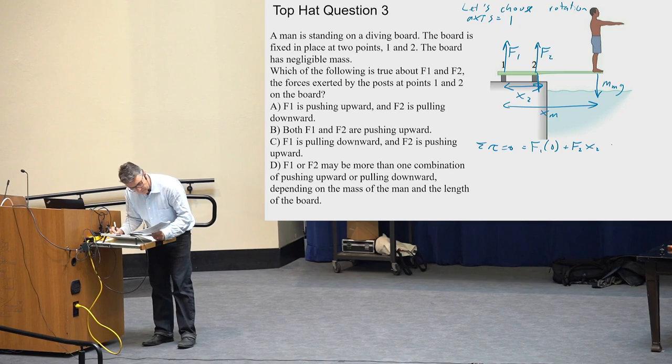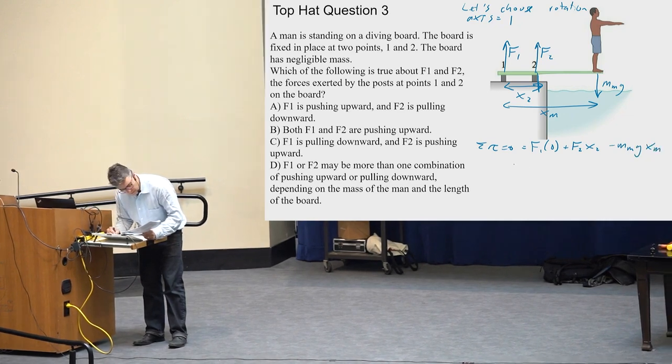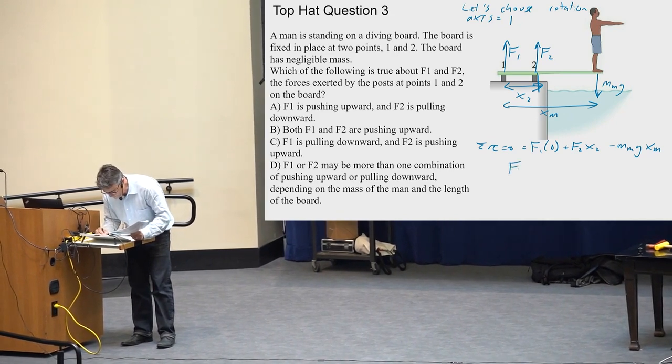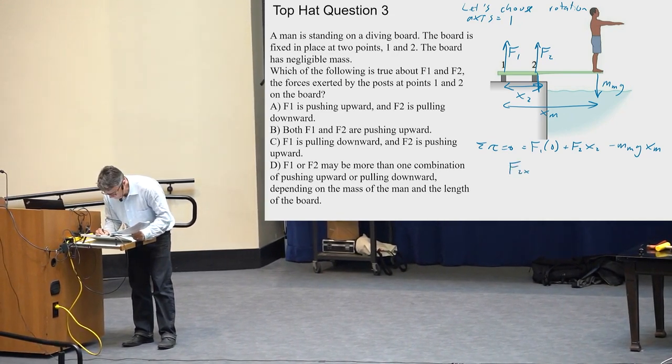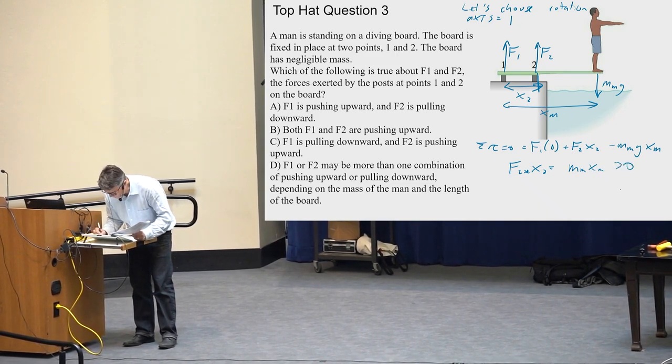Then minus the mass of the man times g times x_m. If that equals 0, then F2 x2 equals the mass of the man times g times x_m. So everything worked out all right, this is greater than 0, so F2 is greater than 0.